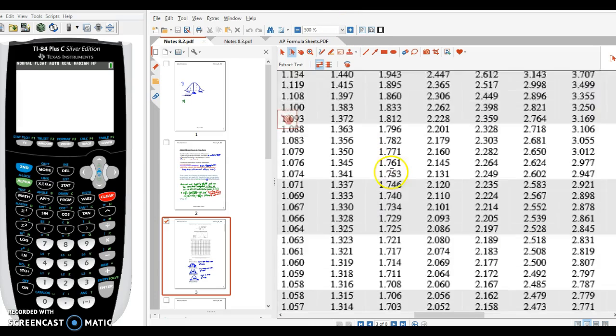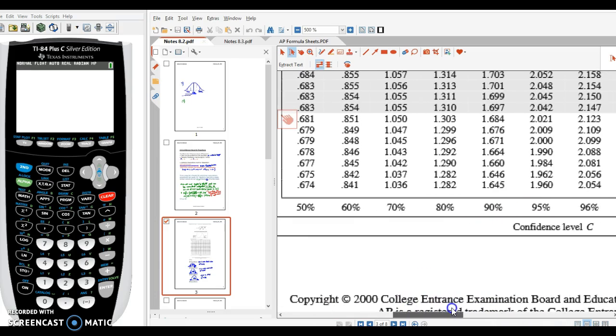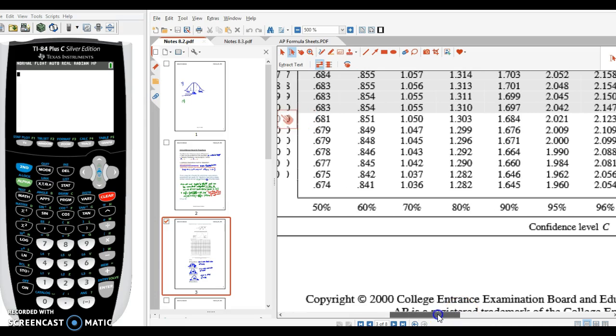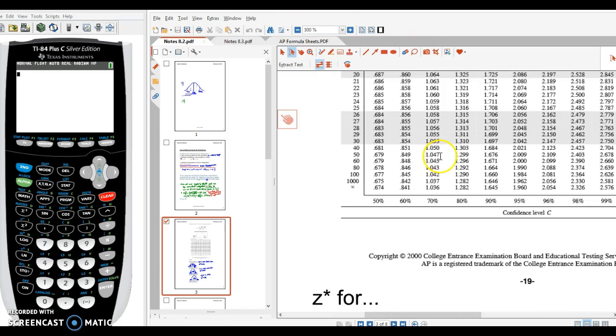Okay, now let's talk about real quick how we would find the z. You may have caught on to this, but the z stars that we talk about in class are always directly from this last line on table B. And let me know if you want to see how we come up with that from the original table A, because it is tied to that. But it's this line that says infinity. There's your confidence levels across the bottom, and the number immediately above them is our z star.